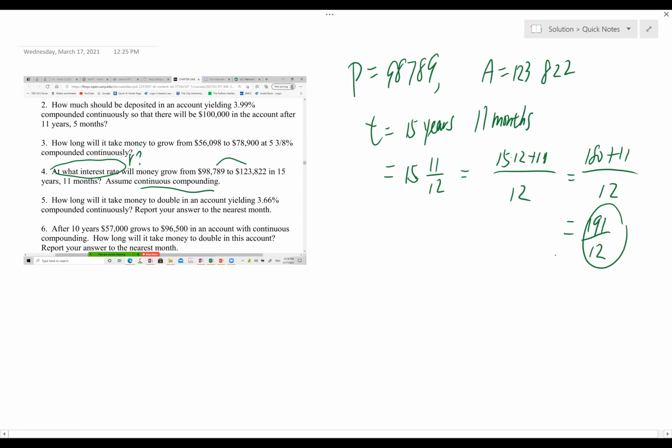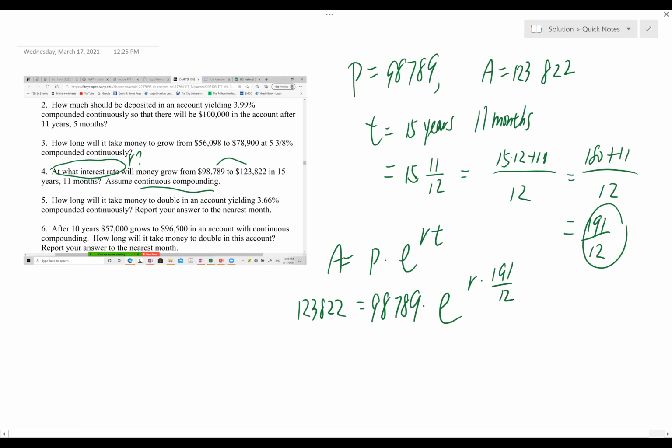And let's apply the formula A equals principal times e to the rt. So ending balance 123,822, principal is 98,789, times e to the r times t. r is what we're looking for. We know the t is 191 over 12.